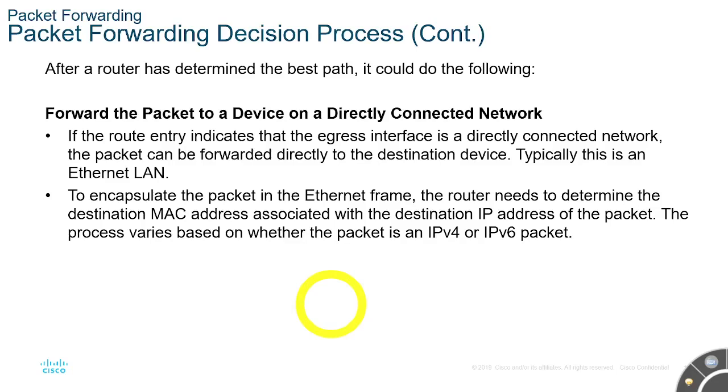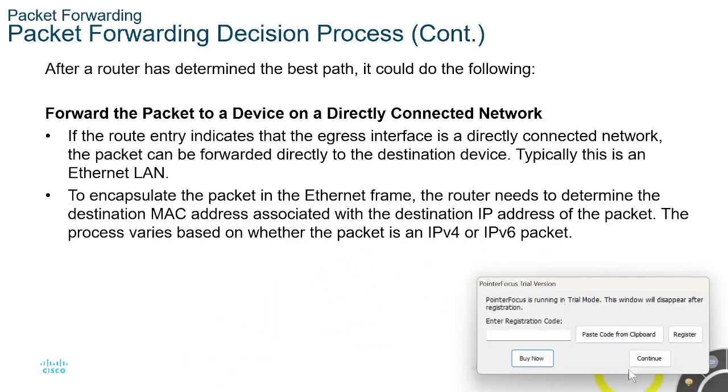So the router should use ARP information in order to know which MAC address to include in this encapsulated message to forward within this LAN.